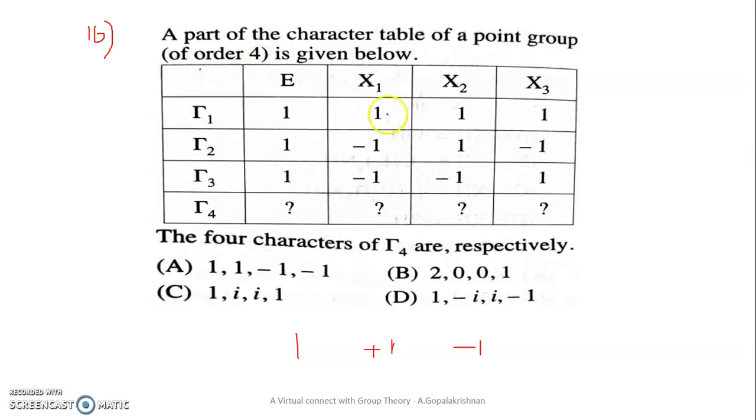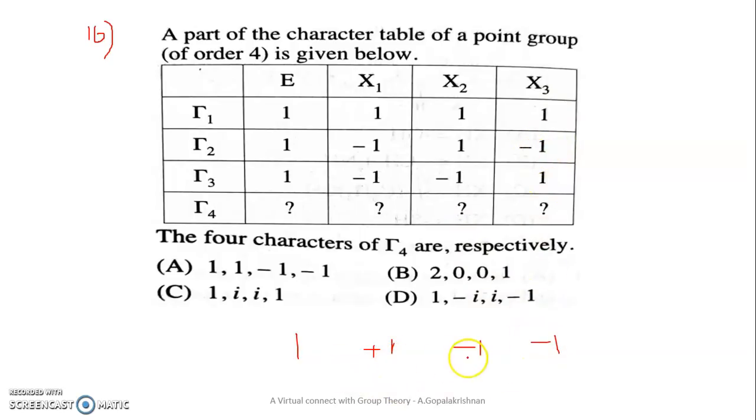See, in this table, in columns 2, 3, 4, 2 numbers should have -1 and 2 numbers should have +1, then only the orthogonality condition gets satisfied. So this number should be +1. Similarly here these two numbers are +1 and this is -1, so the last number should be -1. Similarly here these two numbers are +1 and this is -1, so the last number should be -1.